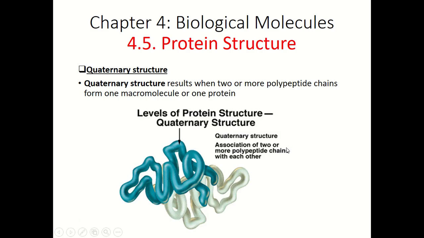And then last one, we have quaternary structure, which results when two or more polypeptide chains form a macromolecule or one protein, as you can see here. But bear in mind, sometimes a protein can also form from only one polypeptide chain. Okay.